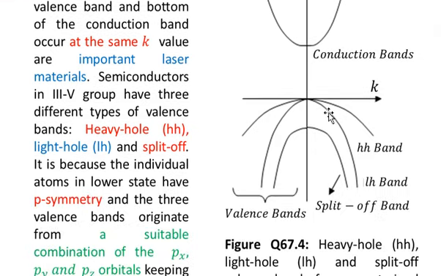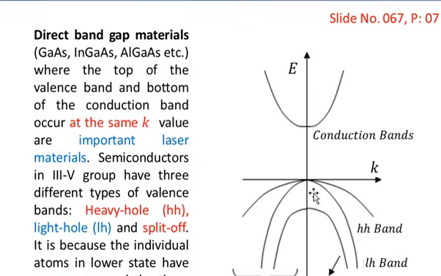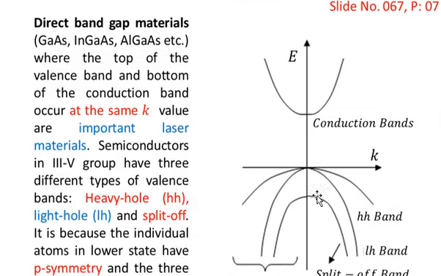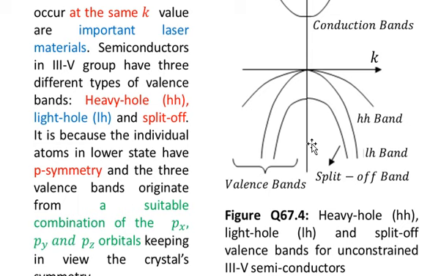And you see that the parabola is downward over here for the valence band. Because for the valence band, the electrons are more bound, because we have the negative energies for them. But for the conduction band, we have the positive energies, because our energy reference is at the K is equal to 0 level, where the energies above this k axis are positive and the energies below the k axis are negative.